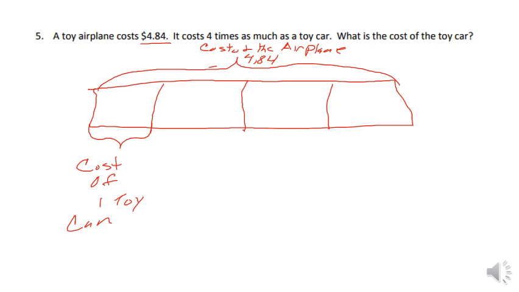So the algebraic expression I would use would be the whole, which is $4.84, divided by 4. And that will give me my answer. So once again, I've got a couple different strategies I could use here. One of them, I'd like a distributed model. So I know I've got 4 ones divided by 4.